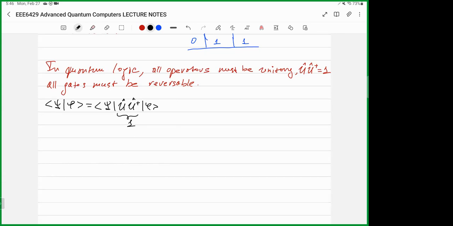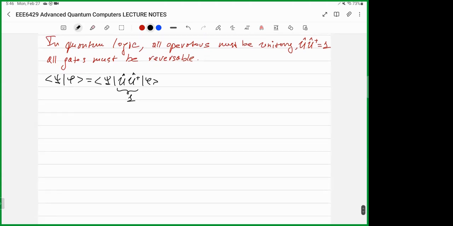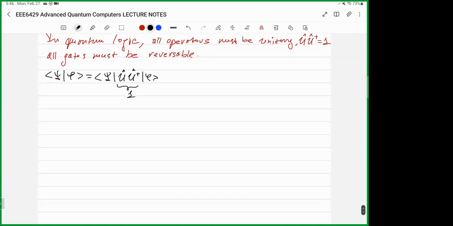If the length of my initial vector was 1, then after the operation it will be left unchanged. It will be equal to 1.